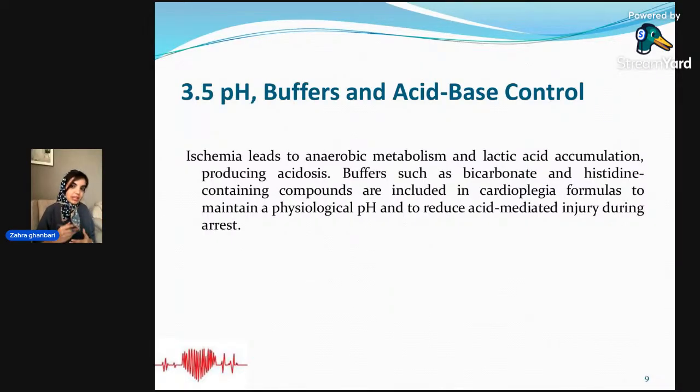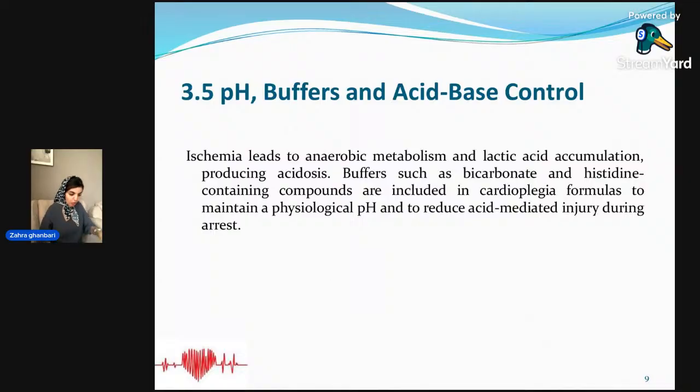In the other step, look at the range of bicarbonate. The normal range is 22 to 28, but some references say 22 to 26. More than this means metabolic alkalosis, and less than this means metabolic acidosis.